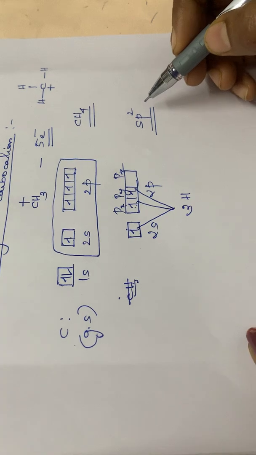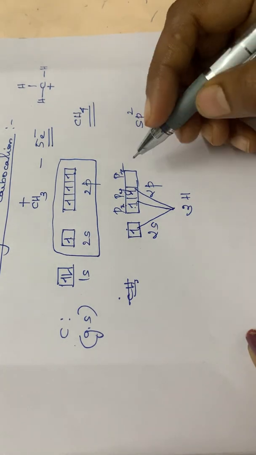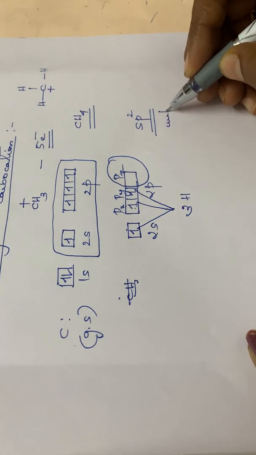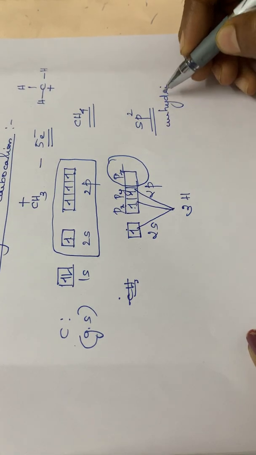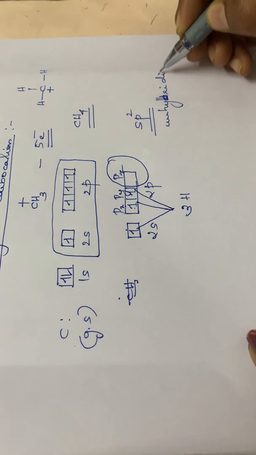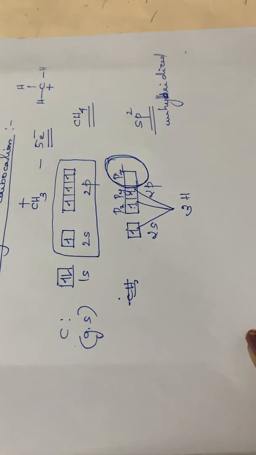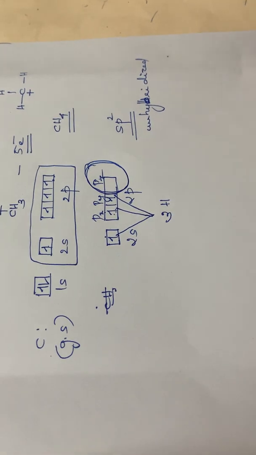So if it is having sp2 hybridization, one of the p orbitals is an unhybridized p orbital, pz.